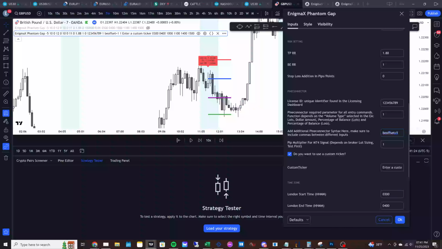The default here is BE offset 1, which just means it's going to offset the break even by 1 point or 1 pip. So if you go break even and you don't hit TP and it comes back, it gives a little buffer to cover commissions and slippage.